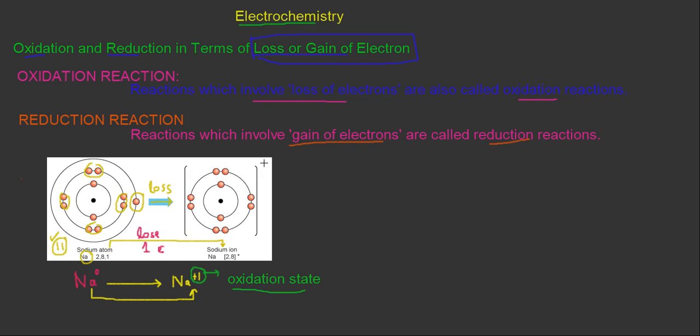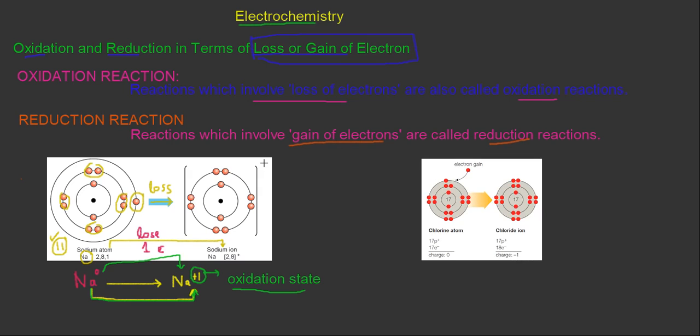In this case, the sodium atom is converted from 0 to +1 state. So this increase in oxidation state is known as oxidation. It means sodium is being converted from 0 to +1 charge, so this is also known as oxidation.